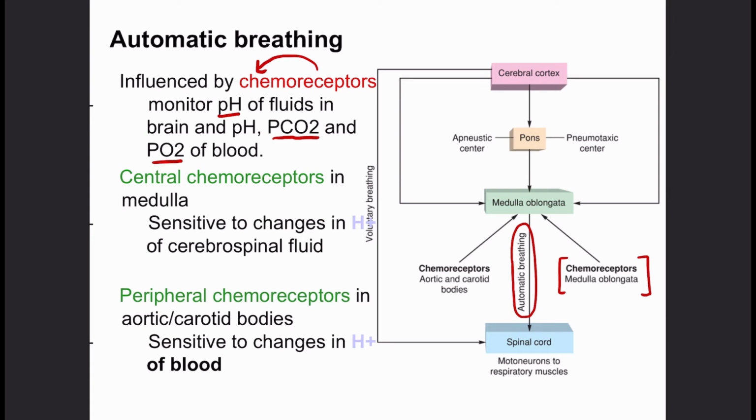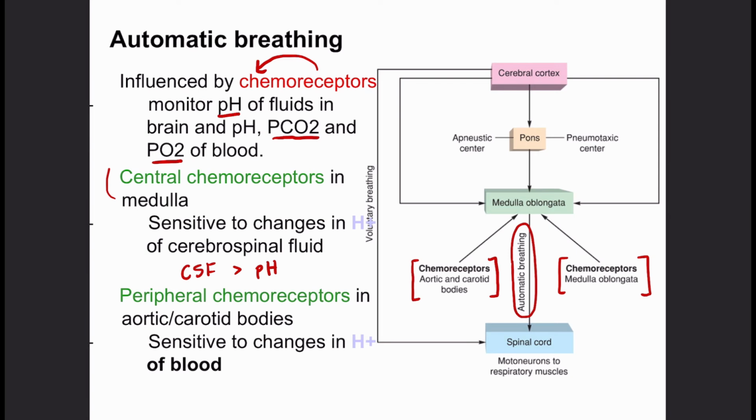So there are chemoreceptors that influence the medulla oblongata, and there are also chemoreceptors within the medulla oblongata. And these are also sensitive to changes of the cerebral spinal fluid. The cerebral spinal fluid is blood plasma adjacent, and so this is going to be able to monitor the pH of the cerebral spinal fluid. And then it is going to take in information from these other chemoreceptors, which we call peripheral because they're kind of on the sidelines.